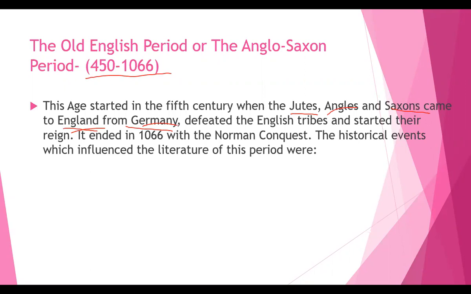After their entry to England, what happened? They fought with the English tribes and they defeated them. Obviously, when one community occupies another kingdom, they start their own rule. So here also, in the 5th century, the Jutes, Angles and Saxons came to England from Germany and defeated the English tribes.